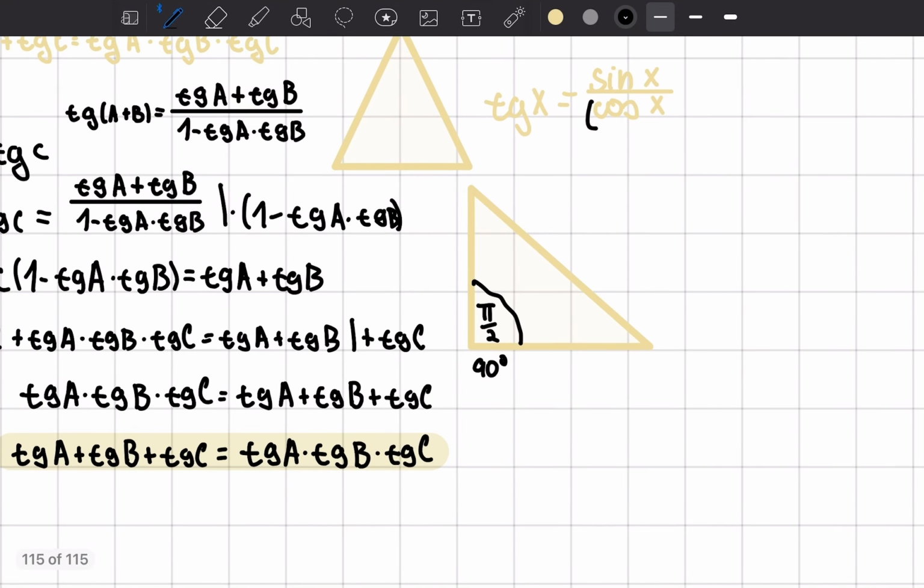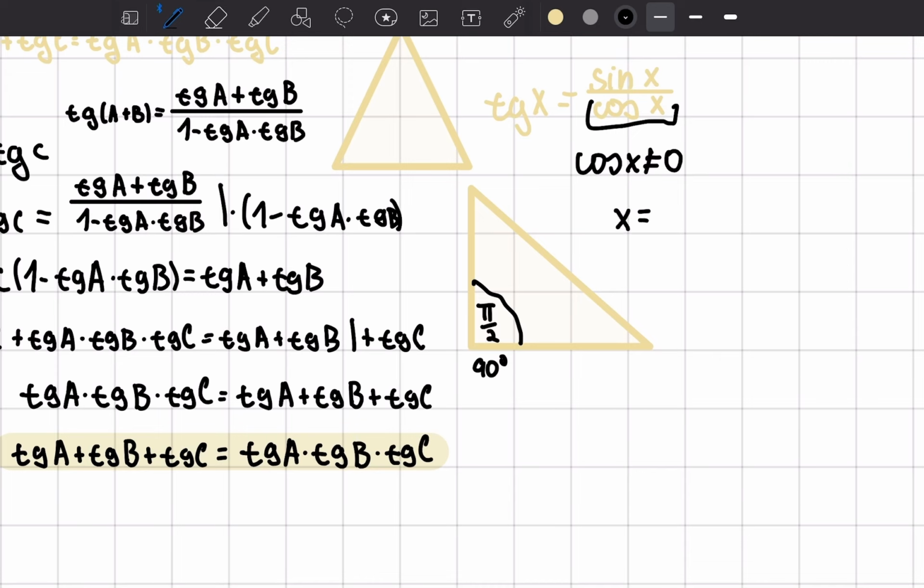But the denominator here is cosine of x. And cosine of x, the denominator, can never be 0 in order for this term to be true, to be functional. So I'm going to say cosine of x isn't equal to 0.